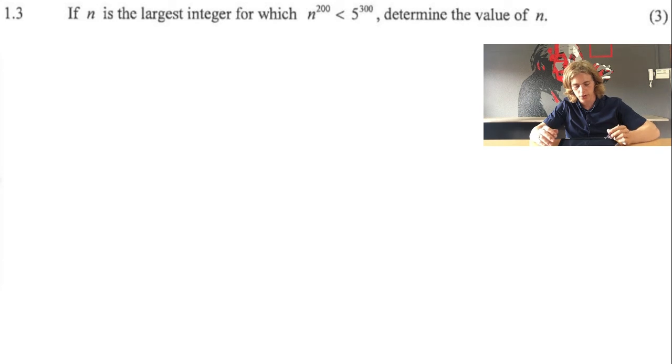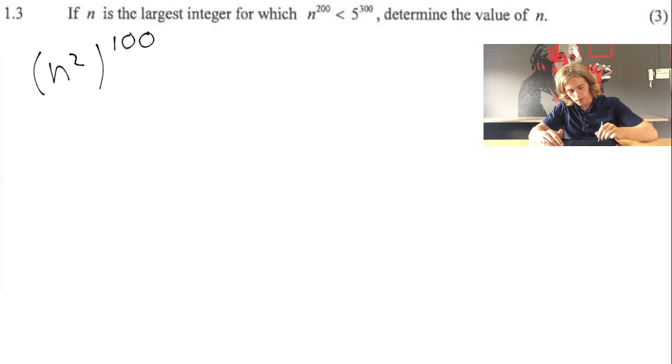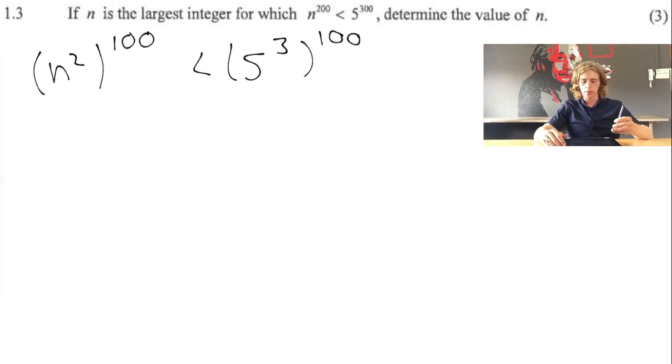So we're going to take a 100 out, and we will be left with, in brackets, n to the 2, 100 on the outer side, is less than 5, also in brackets, and that's going to be to the 3, but it's also going to have 100 on the outside. And the reason why we want the same powers on the outside is so we can root them to the same root, and that will get rid of the powers on the outside.